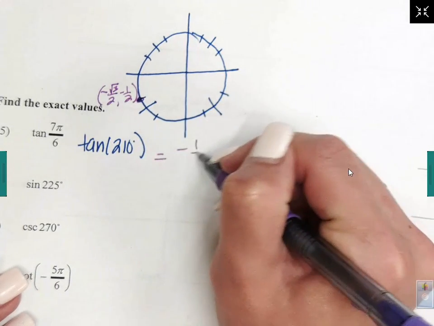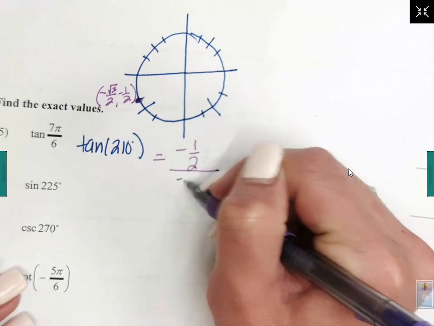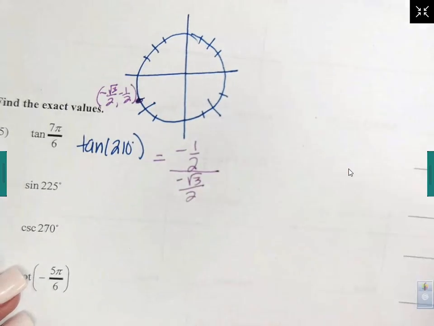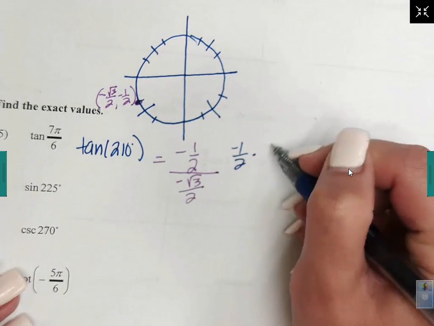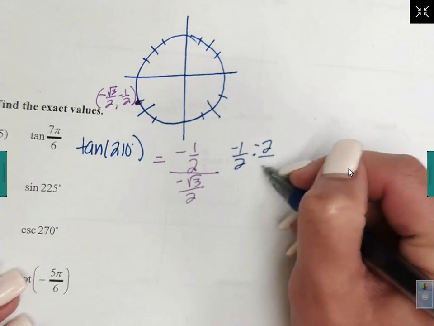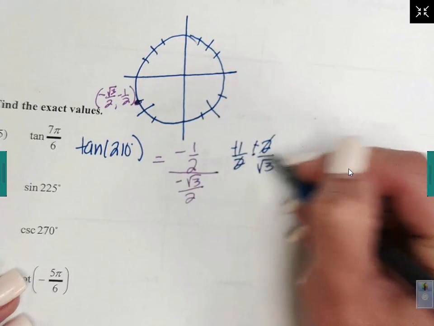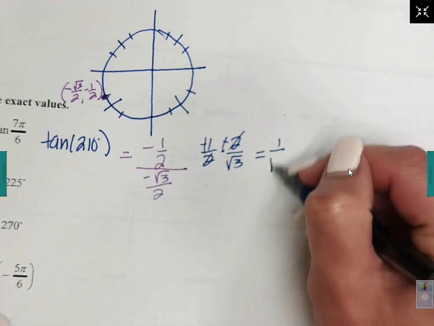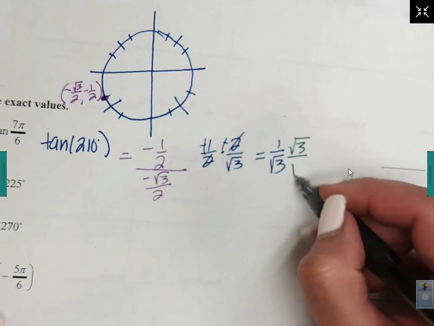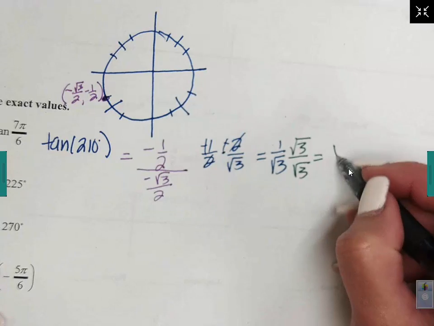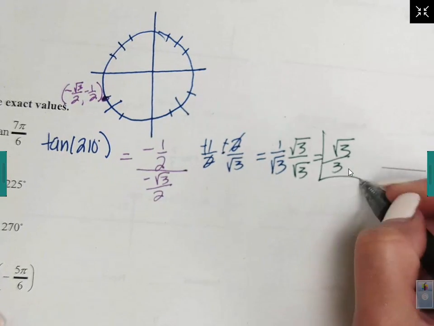In this case, that's negative 1/2 divided by negative square root of 3 over 2. So now we multiply by the reciprocal. We are not allowed to have a radical in our denominator. It's irrational. So we get the square root of 3 over 3.